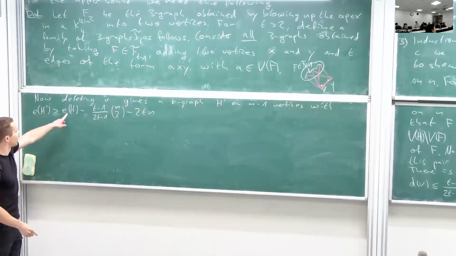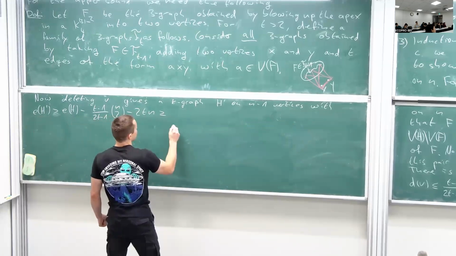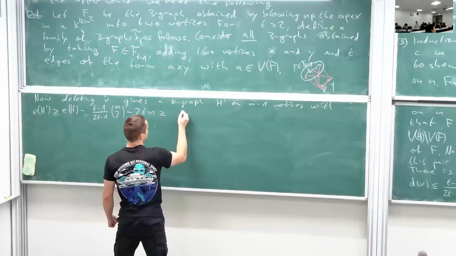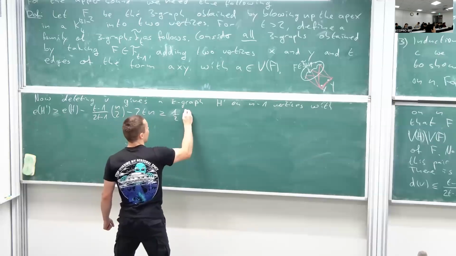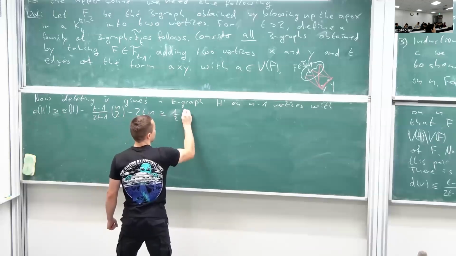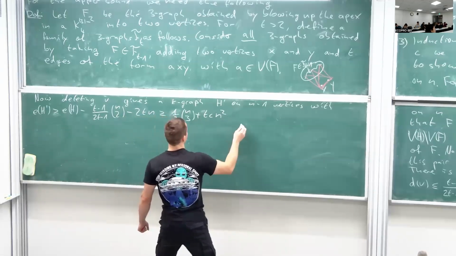But this thing here was at least 1/2 times n choose 3 plus tCn squared.